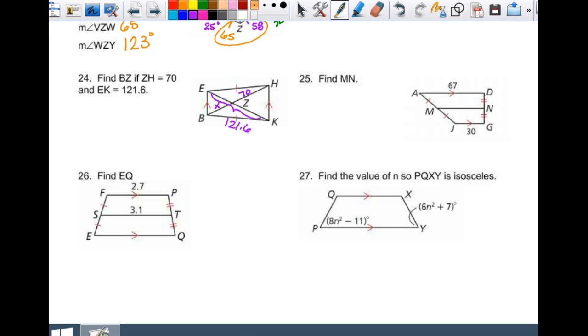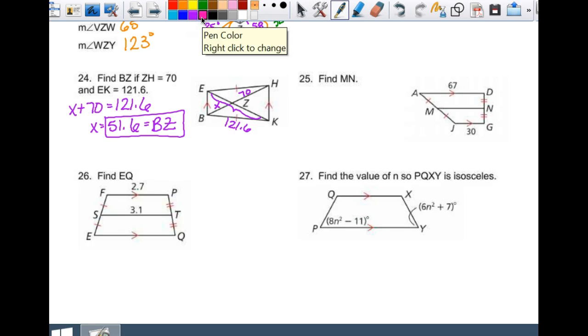So in an isosceles trapezoid, the diagonals are congruent, so X plus 70 is equal to 121.6. If I just subtract 70 from that, X is going to be equal to 51.6, which is not really X, it's the length of BZ.